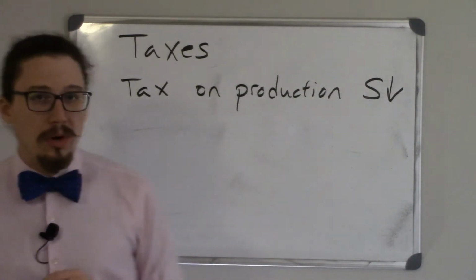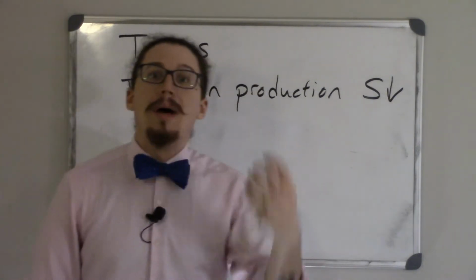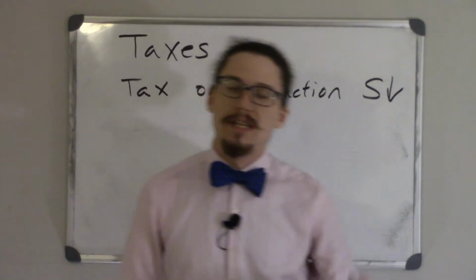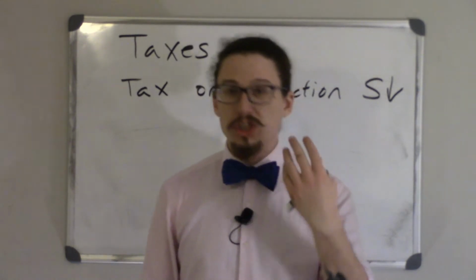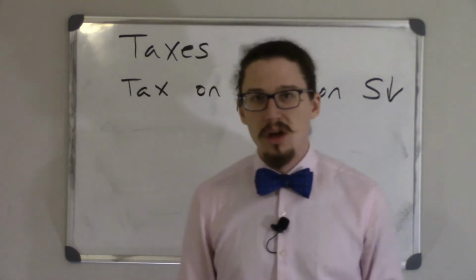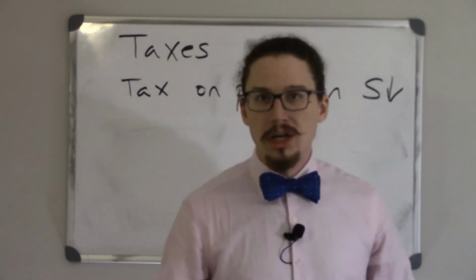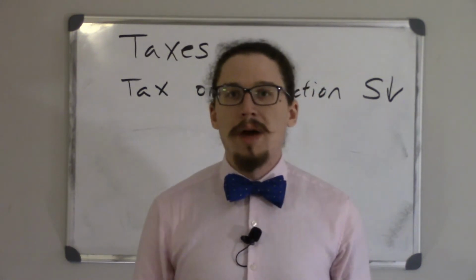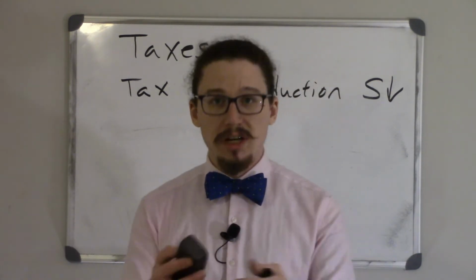One thing I do want to point out is that most of the time when you see something about a tax in either the homework or the test, you are going to just assume that it's a tax on production. So even if I just say the government places a tax on a good, you don't have to worry about whether this is a tax on consumers or a tax on producers. Just assume that it's on producers.